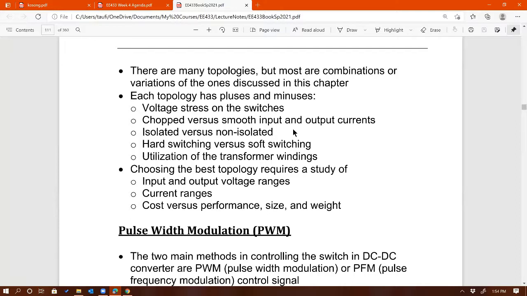When I say good, it means continuous, flat or almost flat currents at the input and output. There's always a trade-off that comes with that. For example, it will be more expensive to have that kind of topology, and it means that you will have to use more components. So there's always a trade-off. And then we also have isolated topology versus non-isolated topology. And feel free to interrupt anytime.